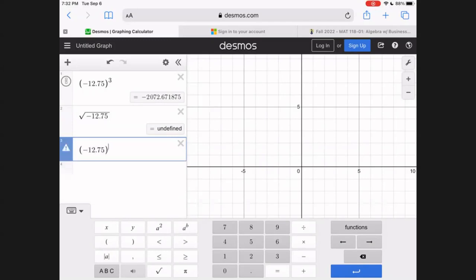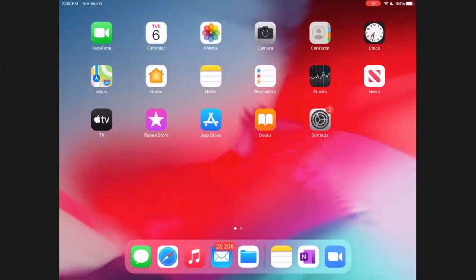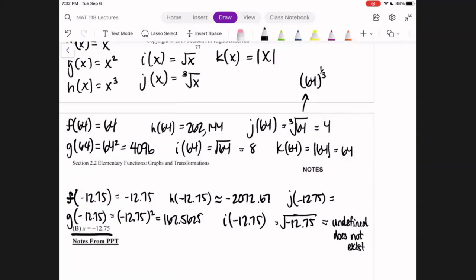Raise it to the power of 1 divided by 3. And what do we see? Negative 2.336. So it's approximately that.